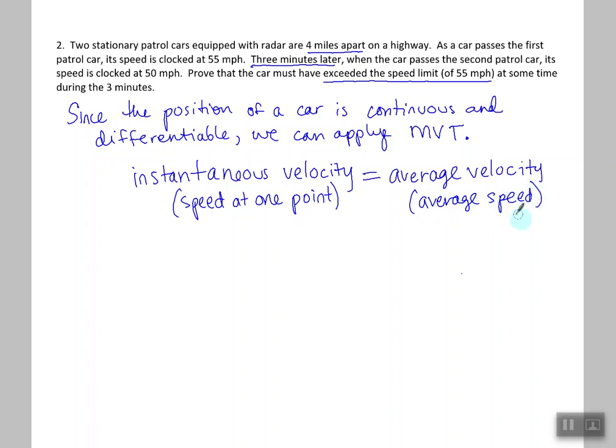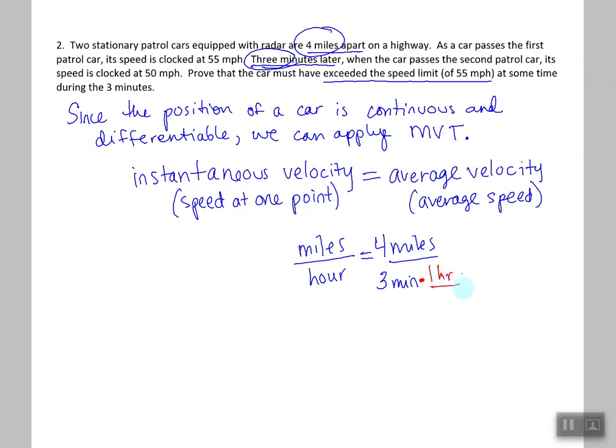So let's find that average velocity or the average speed. So thinking about what that is, we're thinking miles per hour. So we want to find the change in miles. They said 4 miles apart over the change in hours. And this was over a course of 3 minutes. Now, these are not hours, and we are finding the speed in miles per hour. So we need to convert this. 3 minutes times 1 hour for every 60 minutes.